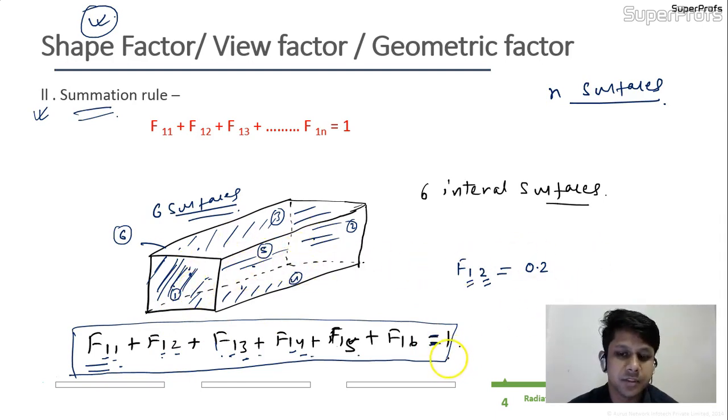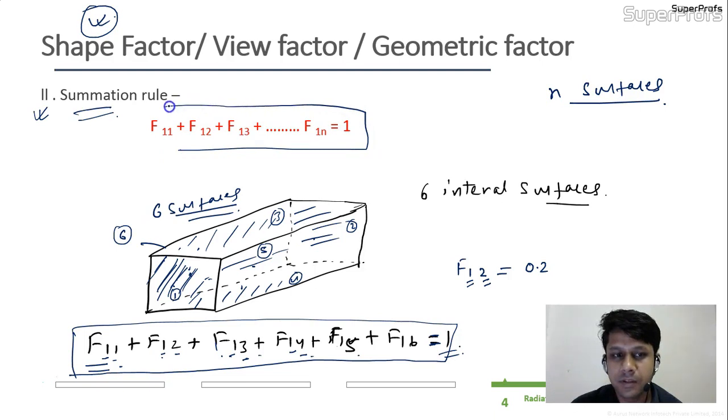So the summation should be equal to 1. This is the summation rule. If there are n surfaces, then it will be F11 plus F12 plus F13 and so on, continuing through F14, F15, up to F1n, which must be equal to 1. This is the summation rule related to the shape factor.